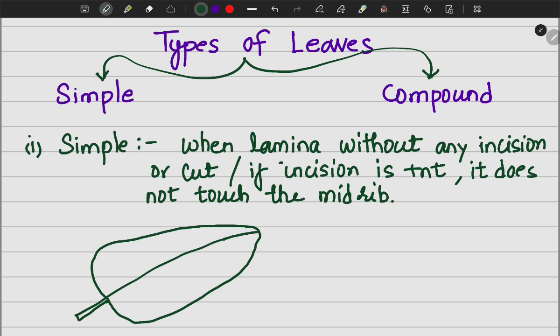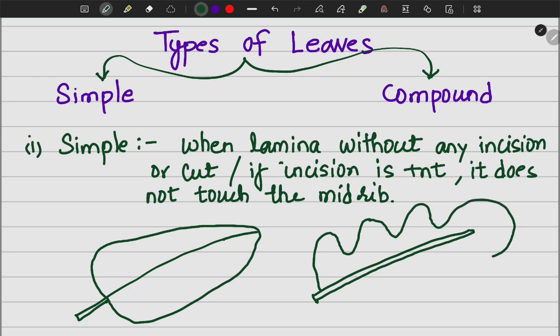Now what if the incision or cut is present but it does not touch the midrib? It could be like this. An incision here, an incision here, an incision here. Okay, see, the incision is not touching the midrib, the cut is not touching the midrib, right?